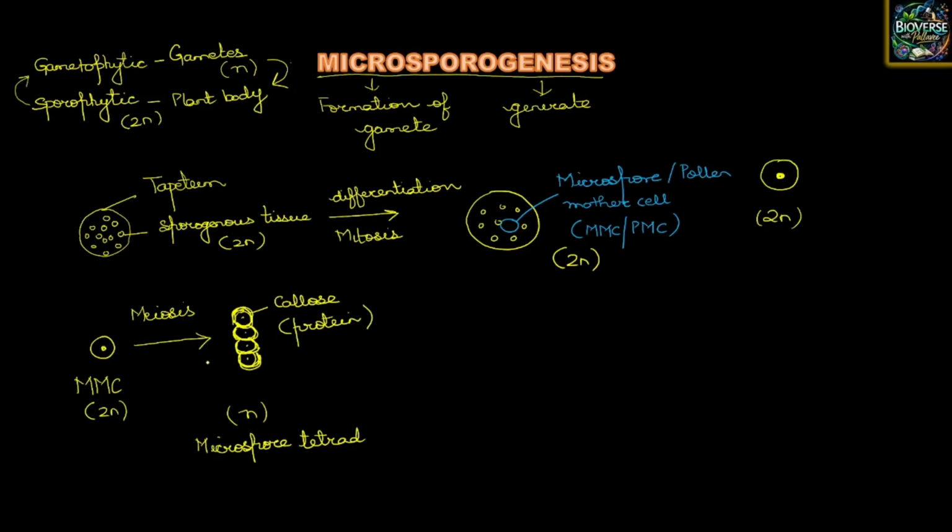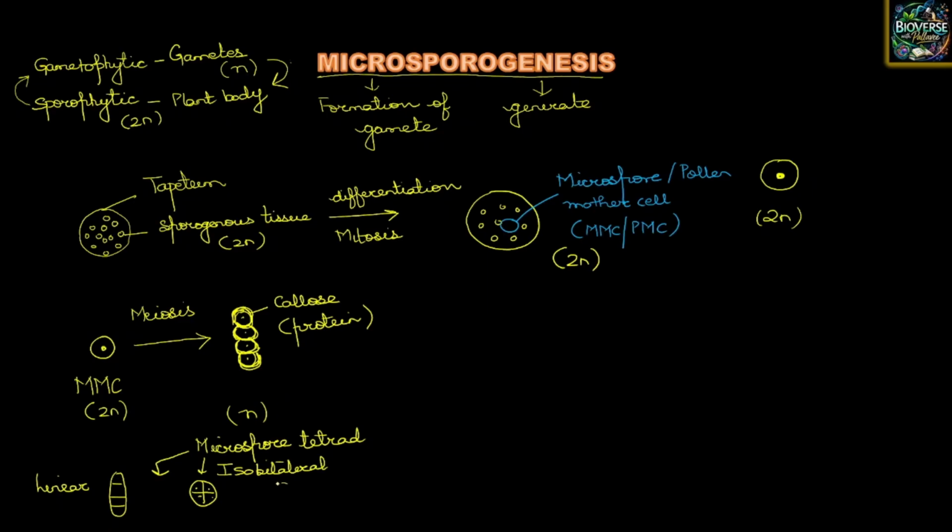Now, the microspore tetrads can be arranged in various ways, children. Let us see how. If they are arranged like this, in this manner, then we call them a linear tetrad. Now, when they are arranged in this manner, just simple, all the four are in the same plane, so it is called isobilateral.